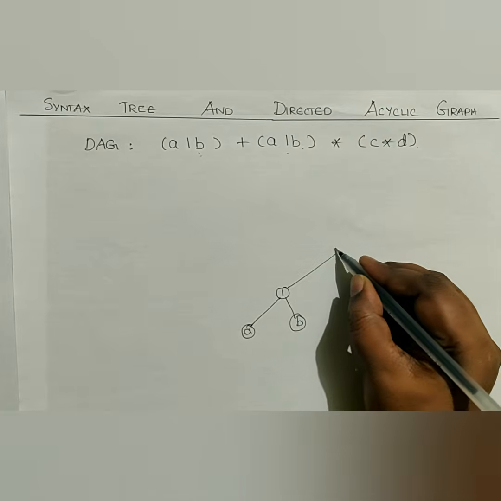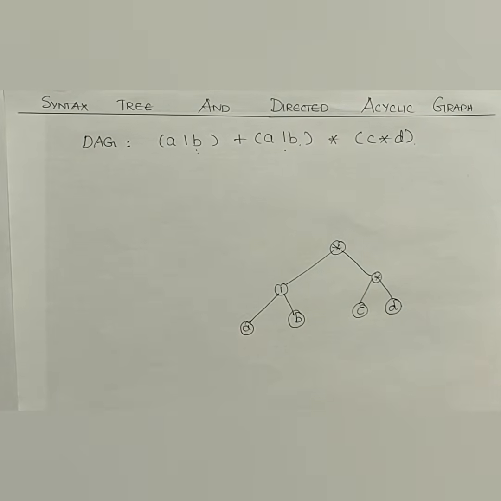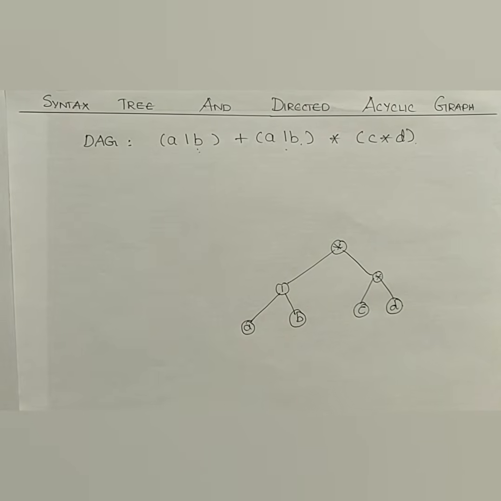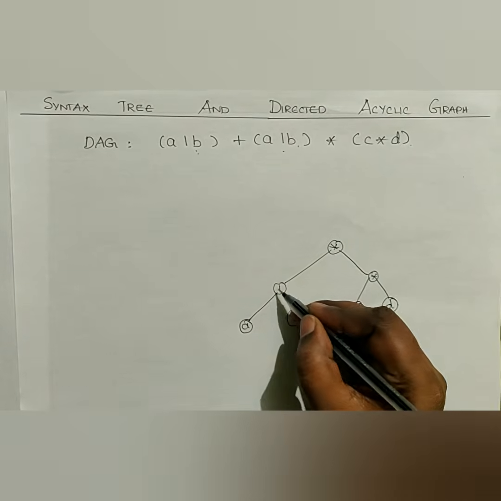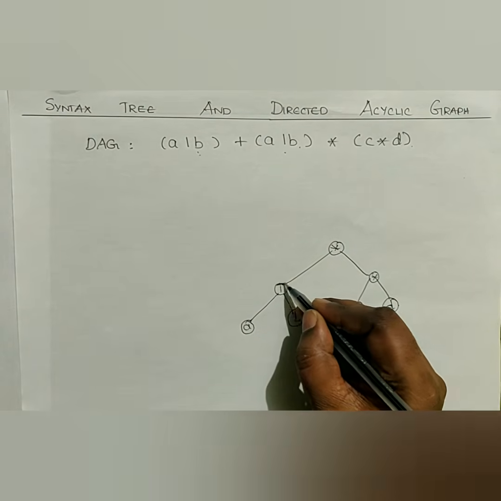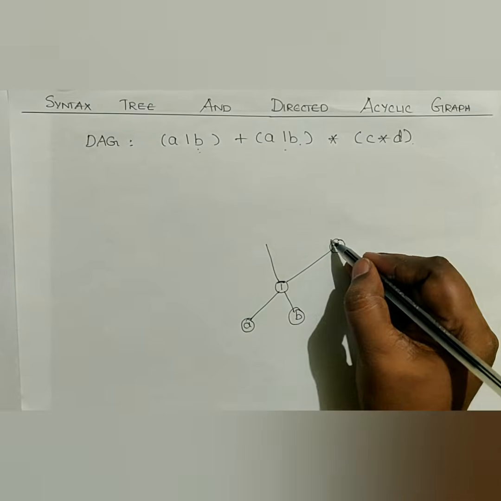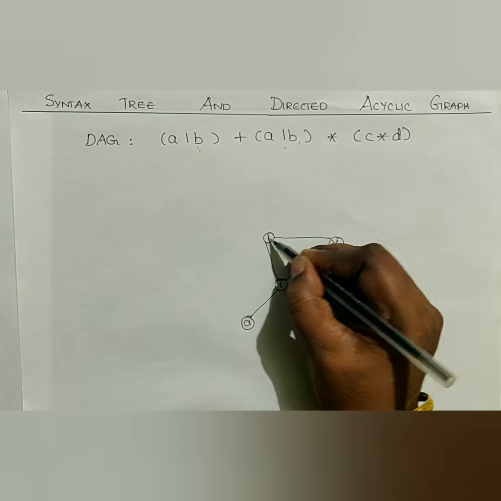Now we'll go for this multiplication symbol also. Up to this, my syntax tree and DAG are the same. Now what is my last step? I have to add that with A pipe symbol B. The answer of A pipe symbol B is already stored here, and that has to be combined with the entire result. So I just join these two and I say a pipe symbol.